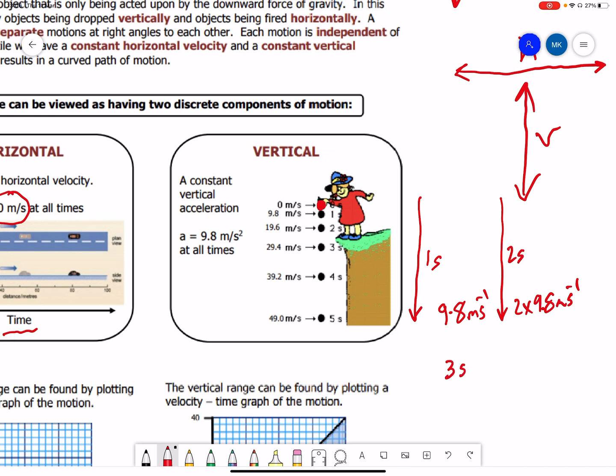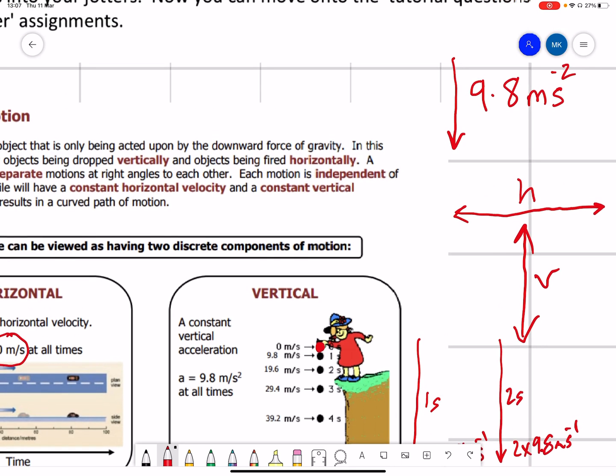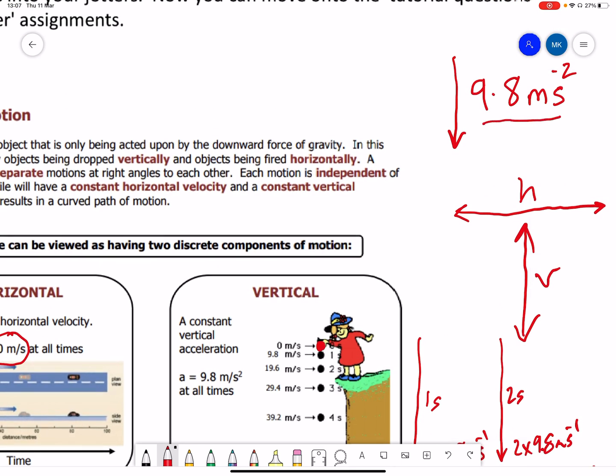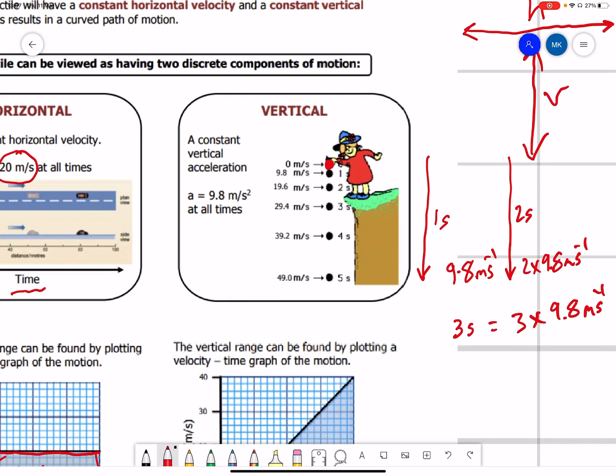Likewise, if it took 3 seconds, it would be 3 times 9.8 meters a second, because gravity is pulling us down at 9.8 meters every second. 9.8 meters a second every second is what our velocity increases at.